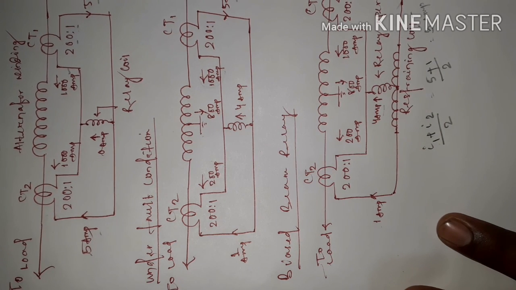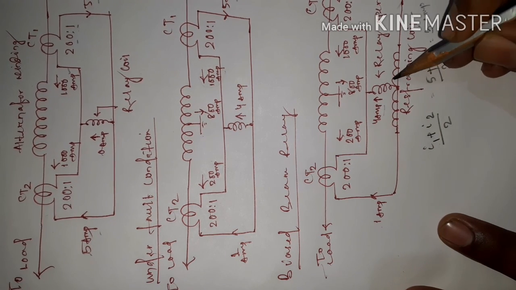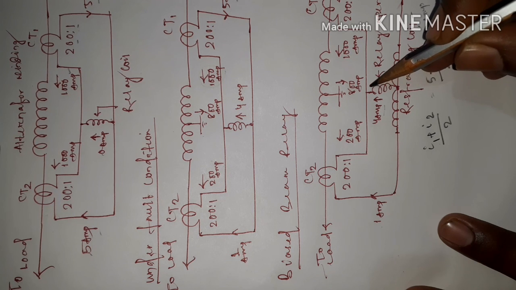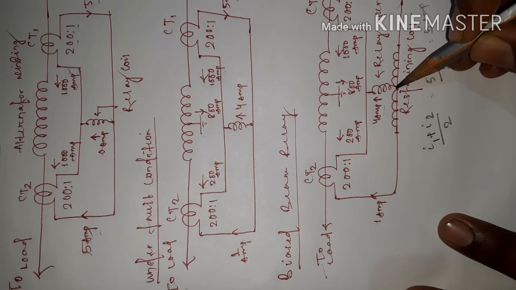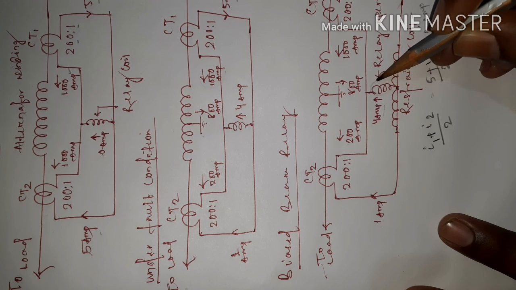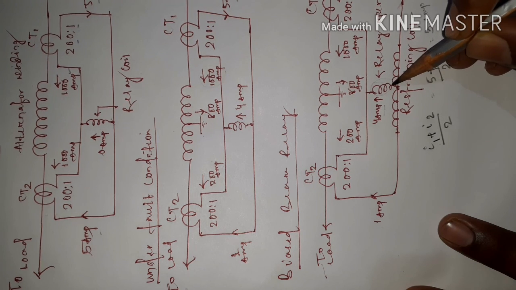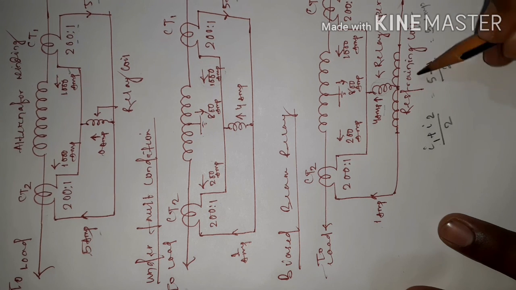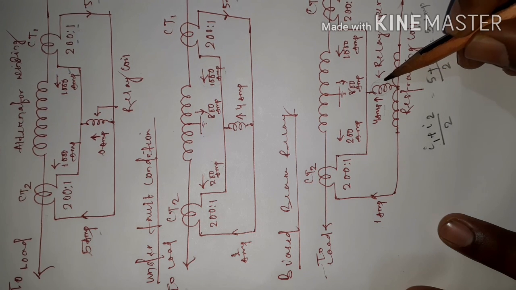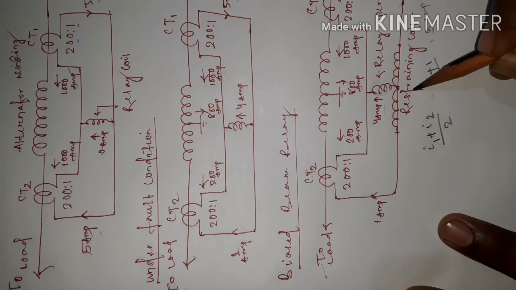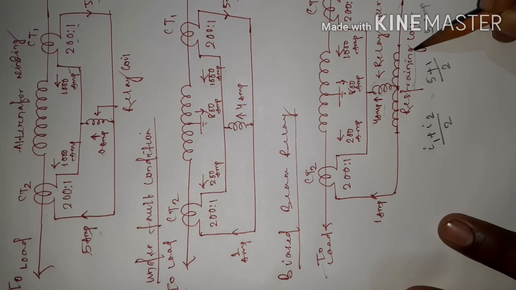But under normal operating condition, suppose a very small amount of current passes through the relay operating coil, because at that node point there is also a branch through the relay operating coil. Then its magnitude is less as compared to the current flowing through the restraining coil.